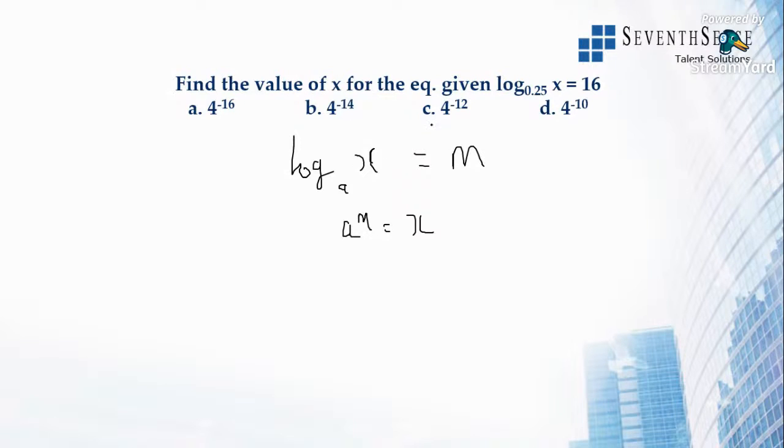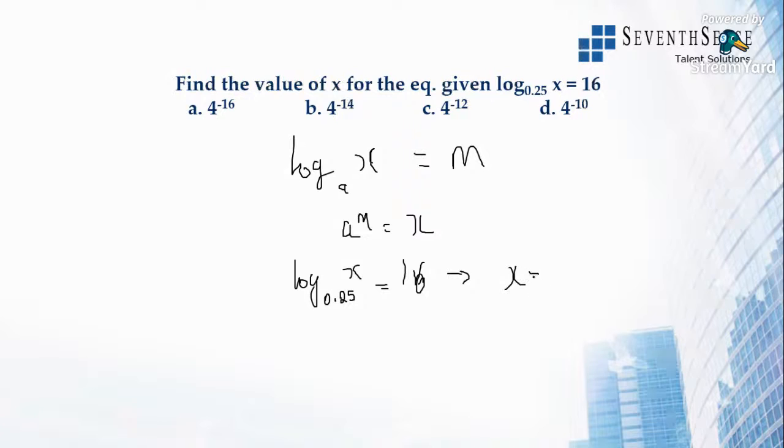See, simple. This is log x to base 0.25, and this is equal to m. M is nothing but 16 here. So just convert it into a power m is equal to x.